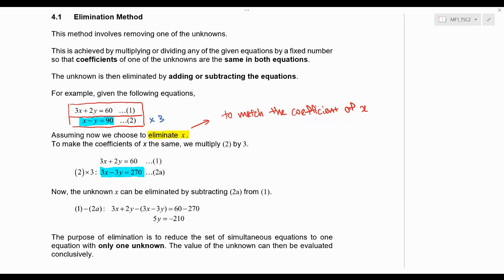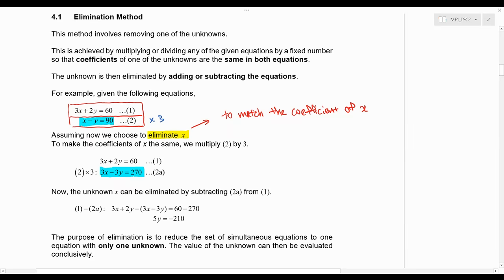So now you can see that equation 1 and equation 2a both have 3x. Then you have the option to eliminate them now. You can either do 1 minus 2a, or you can also do 2a minus 1. It doesn't matter.